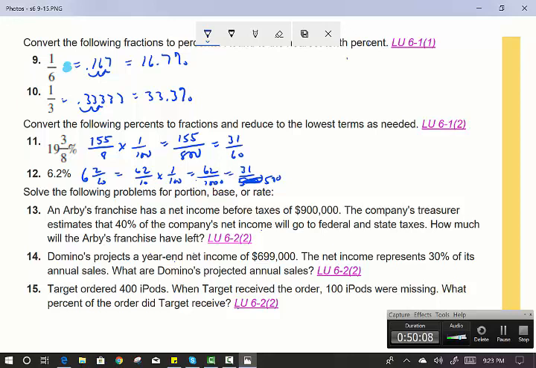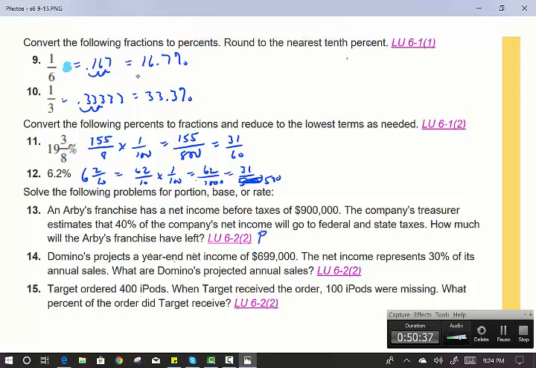So how much will the Arby's franchise have left? So if 40% goes to state and federal taxes, then they'll have 60% left. So I want to use 60% as my rate, and base is the full value of $900,000. I'm going to be solving for the part, the amount that they would have left.